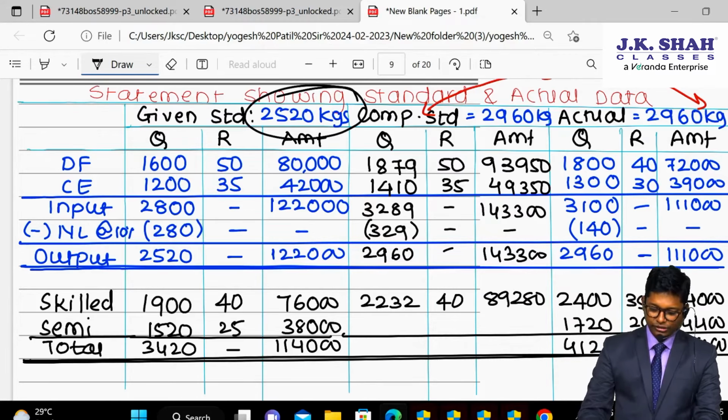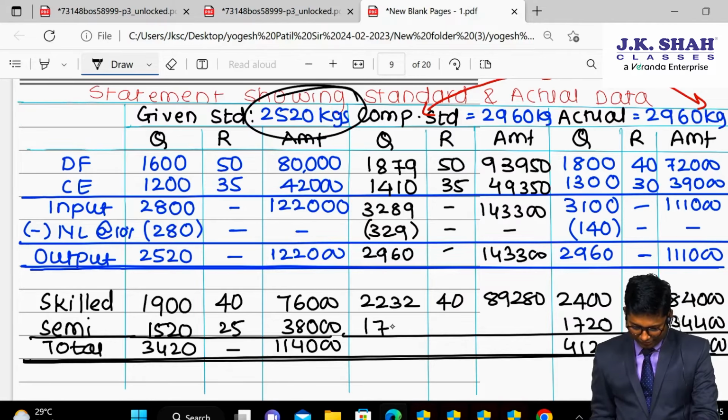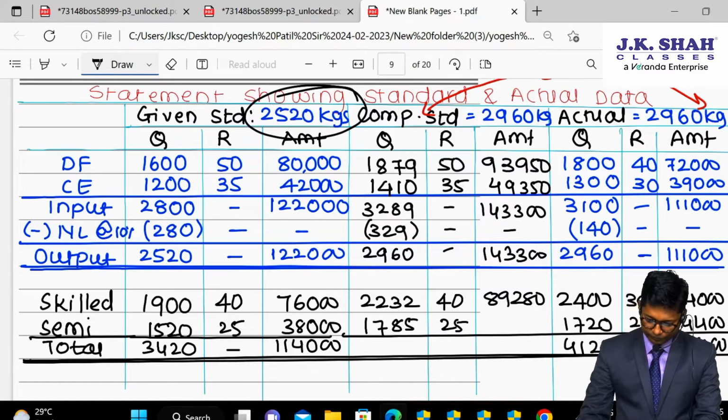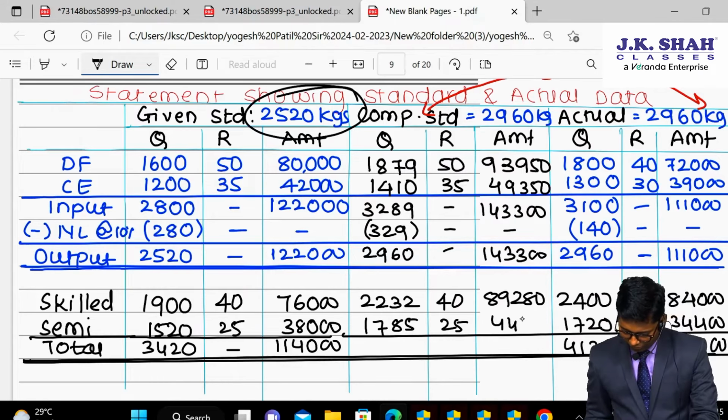Then 1520 into comparable standard output 2960 divided by 2520 equals 1785 at the rate of 25, which will give you 44,625.